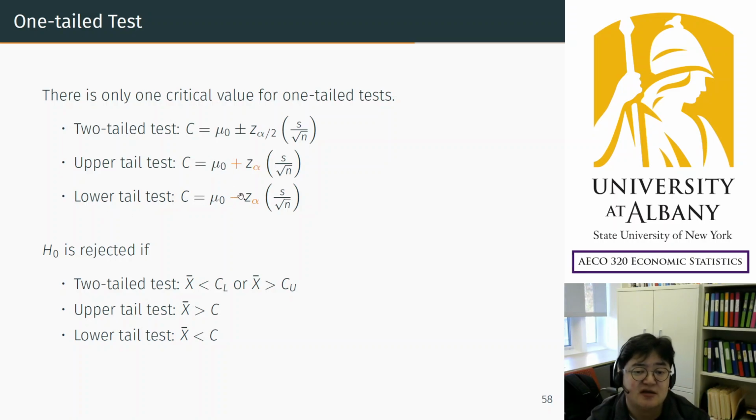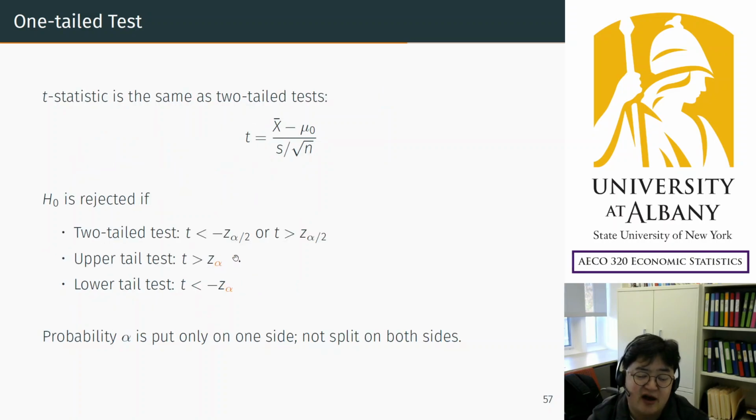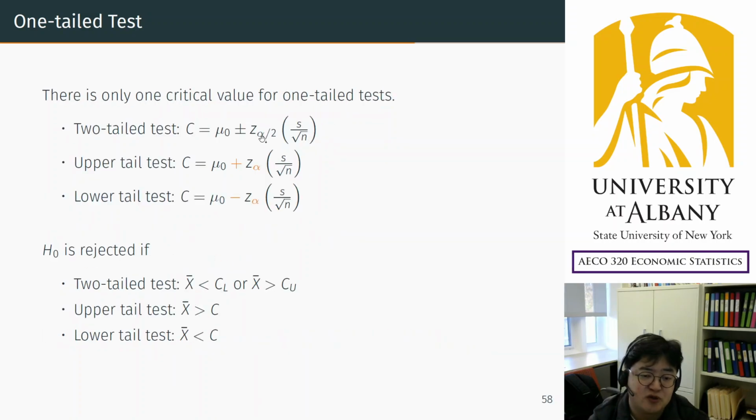And a lower tail test has belief minus something. But z alpha is used instead of z alpha over 2. And of course, the inequality of the rejection region is determined based on the direction of your test. This is also intuitive.